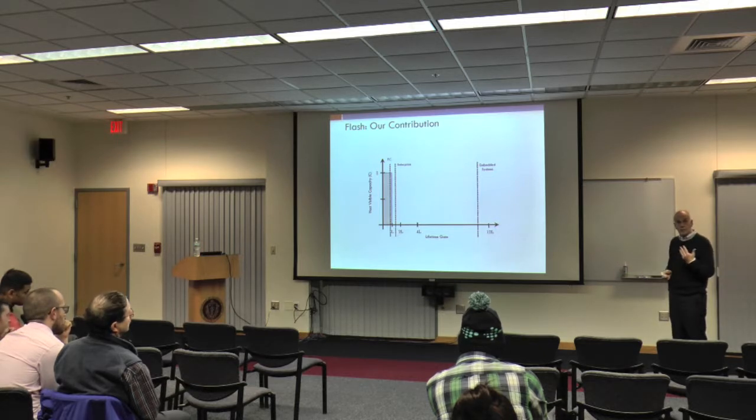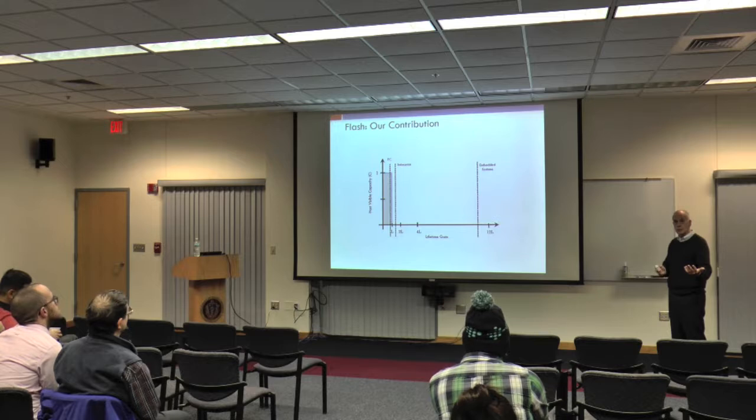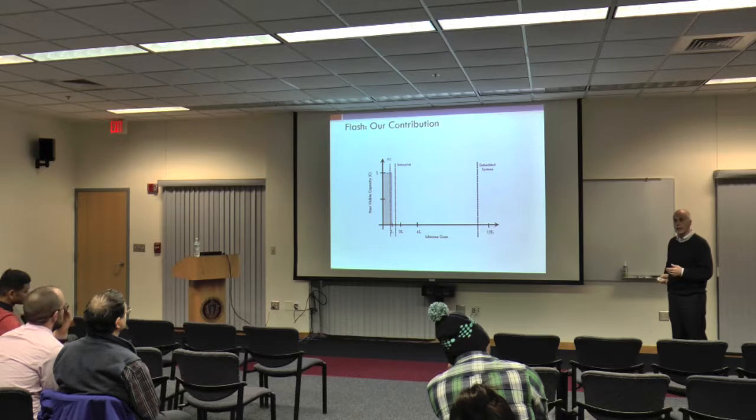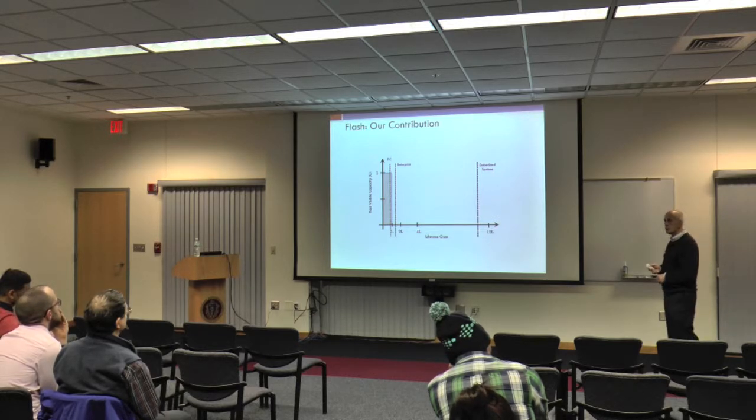What you advertise to the user is host visible capacity. So there are two parameters: host visible capacity and how long you live. You can take all the cells, advertise that capacity, and live for L. You can divide the cells in two, advertise C over 2, and live for 2L. So these are the kind of trade-offs you can make.